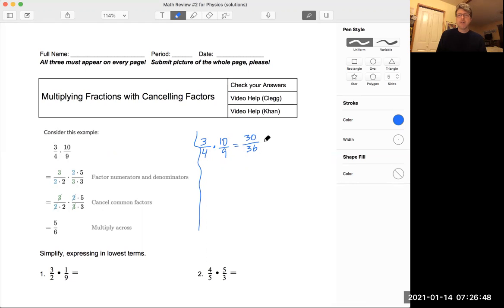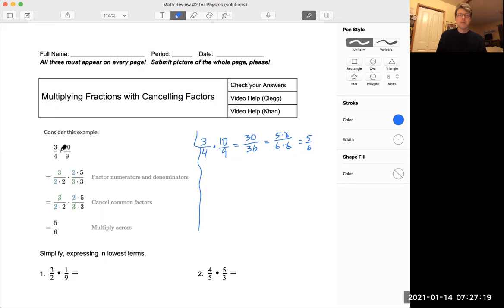So we could rewrite that as 5 times 6 on the top, and 6 times 6 on the bottom. And then we could cancel out the 6's, and we would end up with the answer of 5/6. So that's one way we could do this. Notice that that's the same answer we got here.